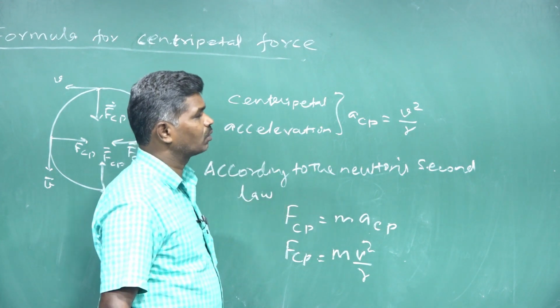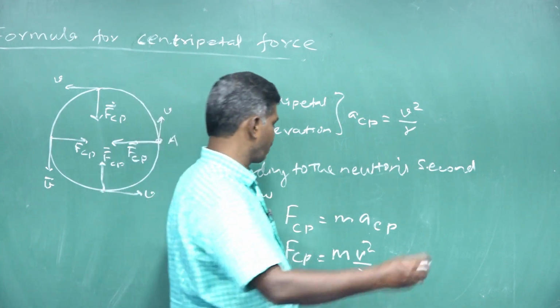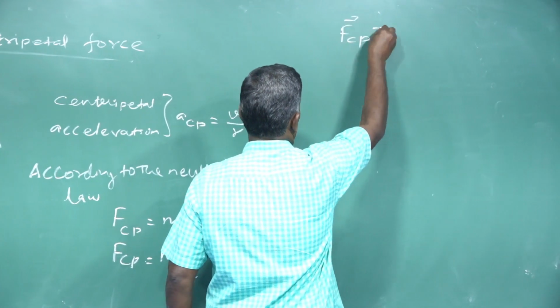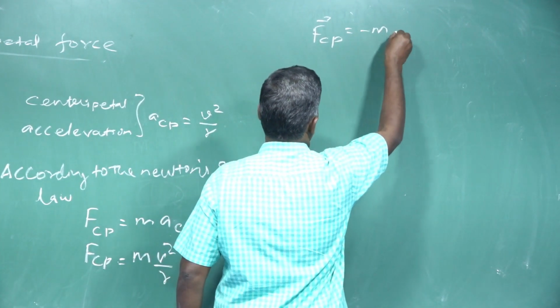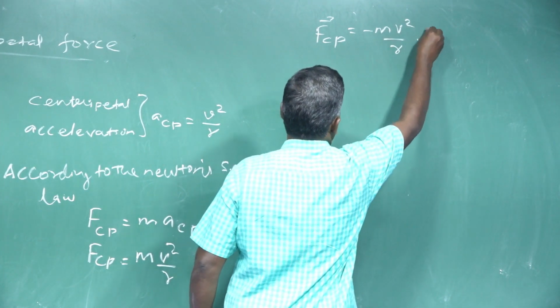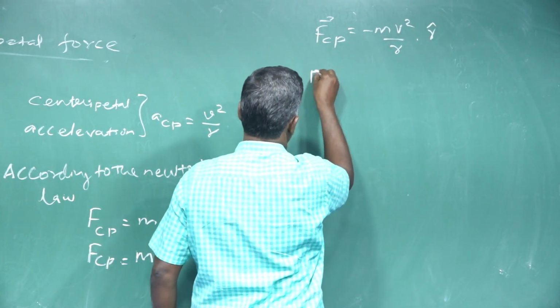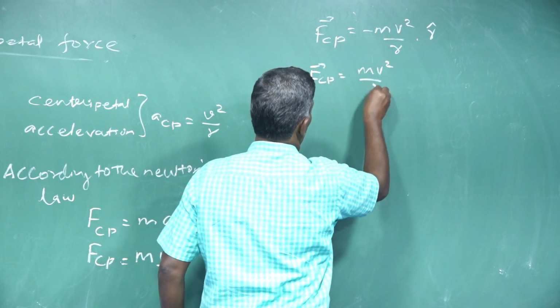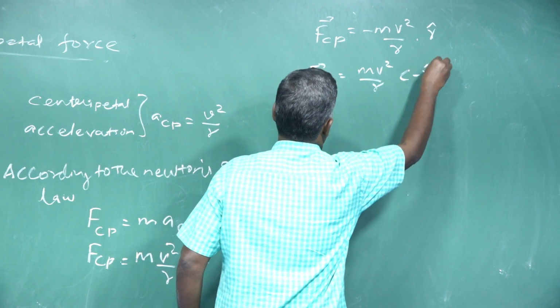In vector form, the force formula is F_cp vector equal to minus m into v squared by r into r cap. So we can write F_cp vector equal to mv squared by r into minus r cap.